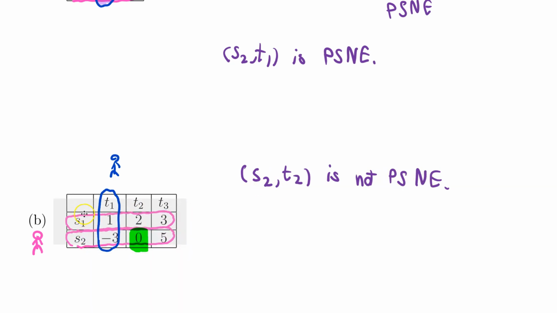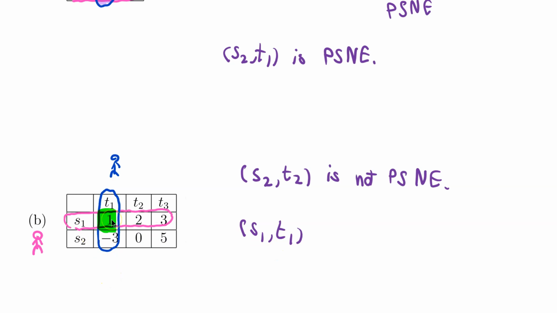But if we look at S1 and T1, so we end up here, S1 and T1. Again, if we put ourselves in Alice's shoes, we can see that getting $1 is better than losing $3. So if Bob were to say that he's gonna play T1, then there's no need for me to change my mind.